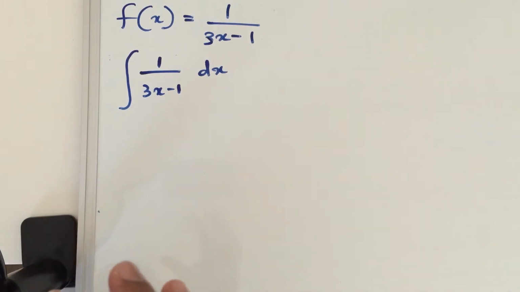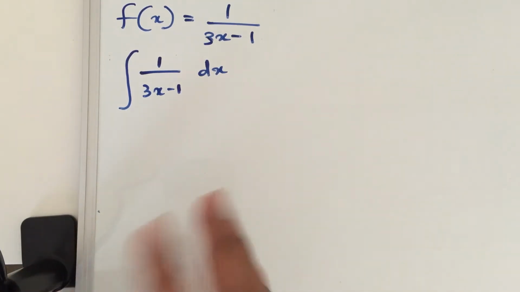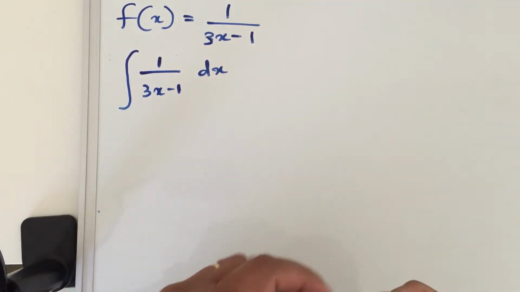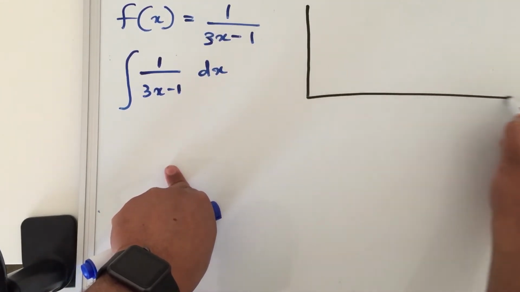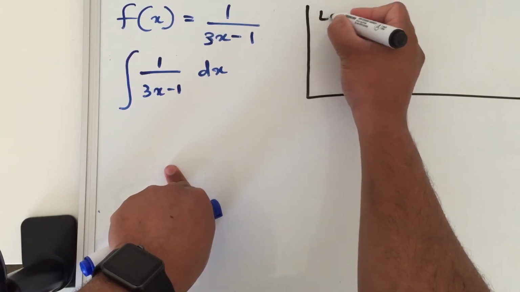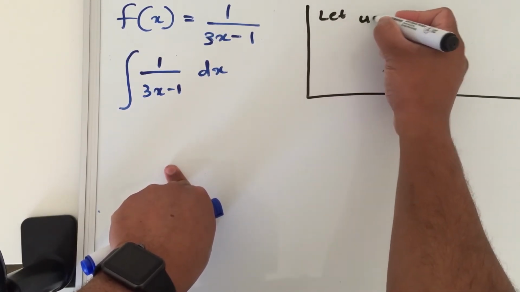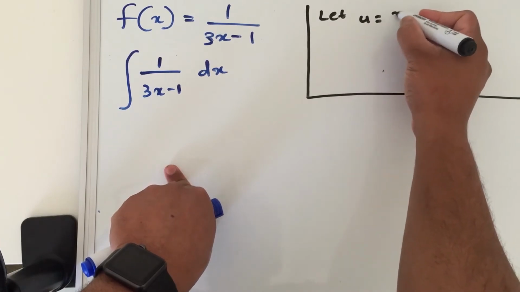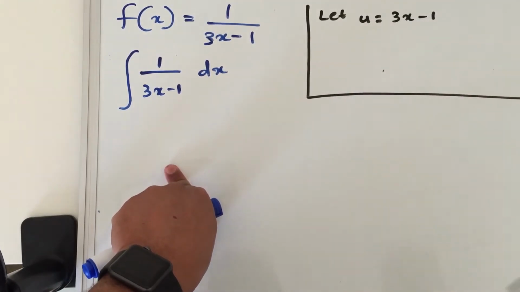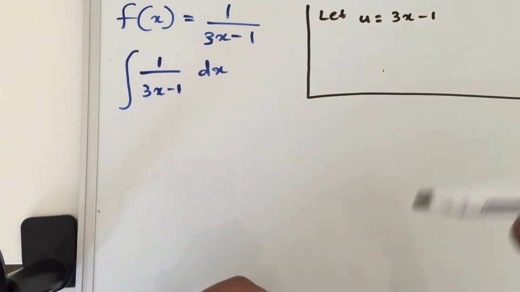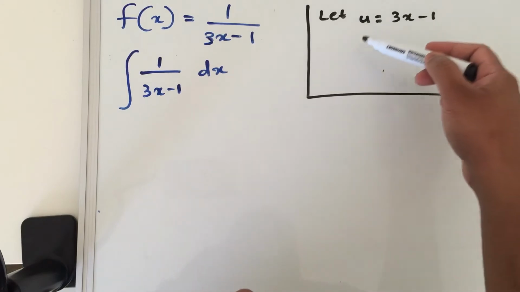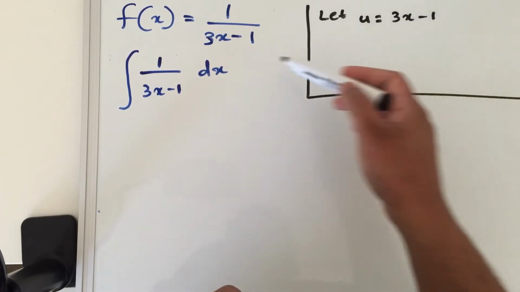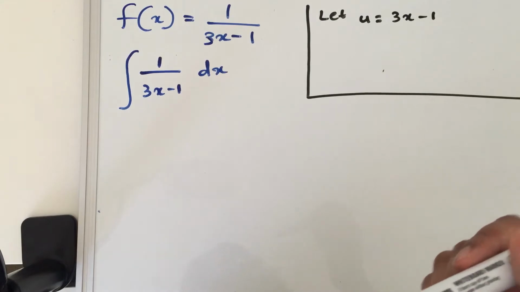Normally when I look at this, to find the integral we have to do u substitution. There are some steps to do the u substitution. I'm going to make a little box here and say let u equal 3x minus 1. So I introduced a new variable called u, and I'm saying that new variable is equal to 3x minus 1, which is the denominator of this fraction.